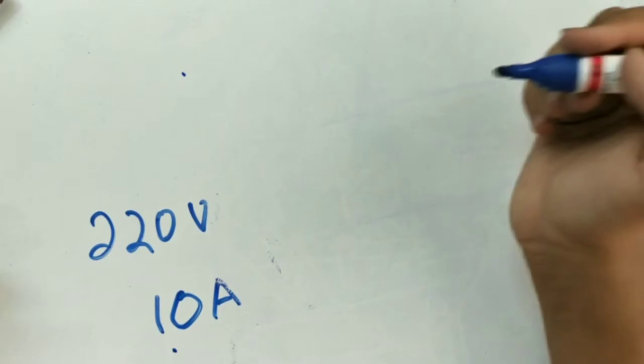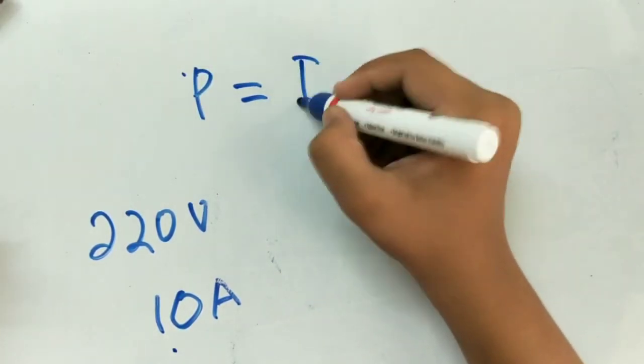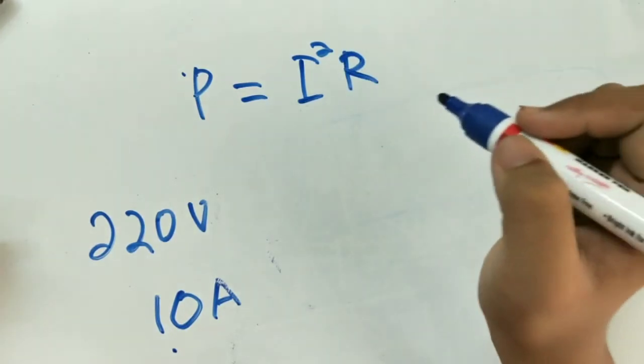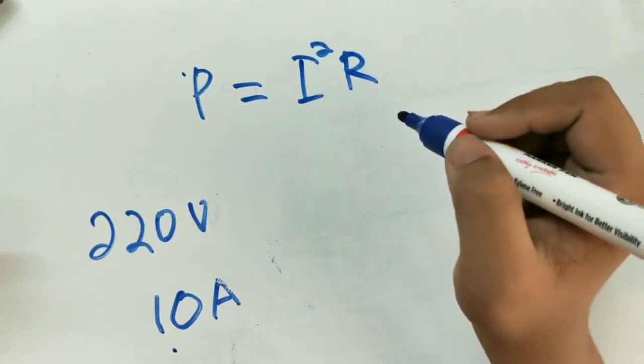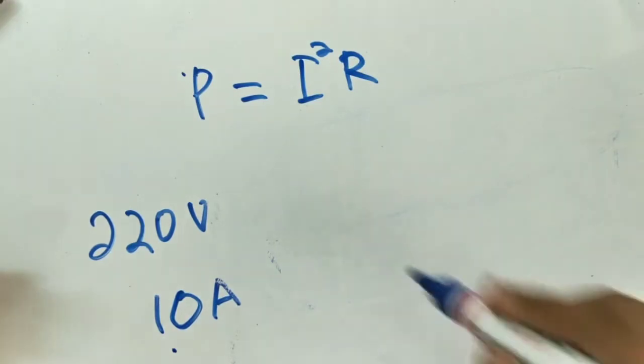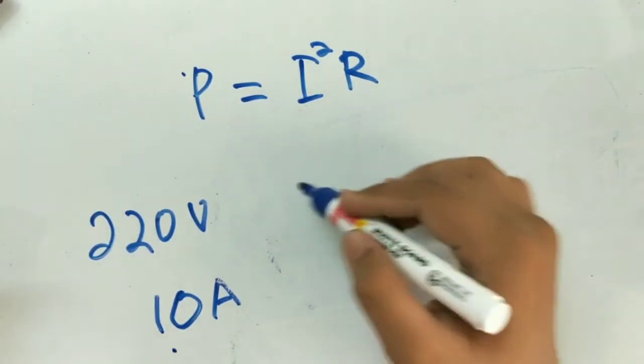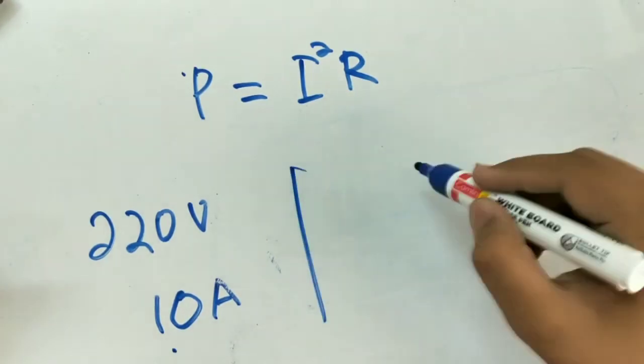As P equal to I square R, let's take this power line.